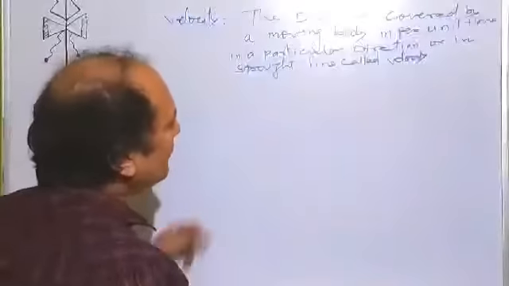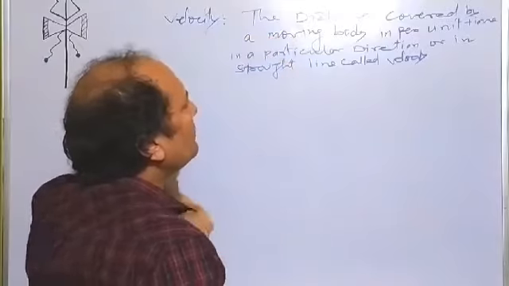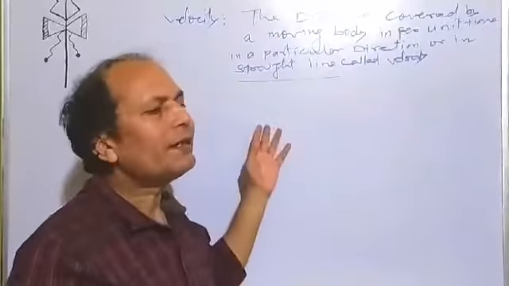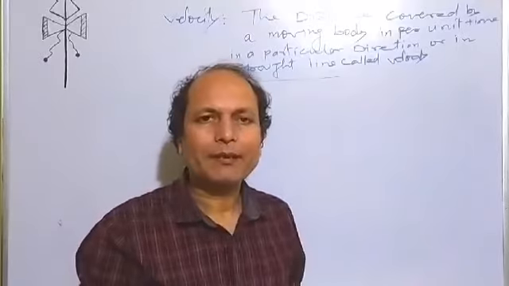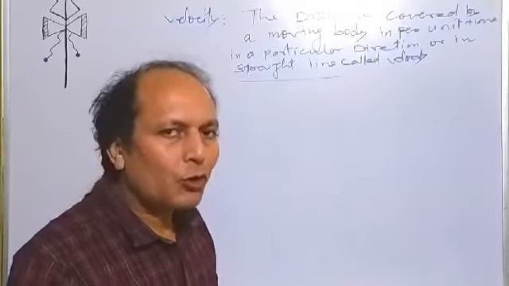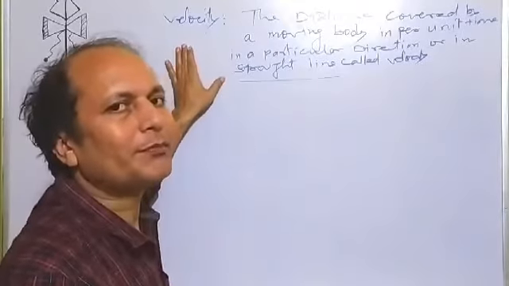Now, as you know, velocity is measured in a straight line. A straight line is related with displacement. So on this basis, we can say that velocity is dependent upon displacement.